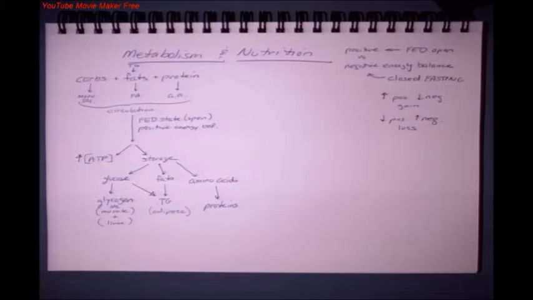Now, from an energy storage standpoint, glycogen has a limited capacity in the body. What about adipose tissue? Is there a limitation on how much adipose the body can handle?